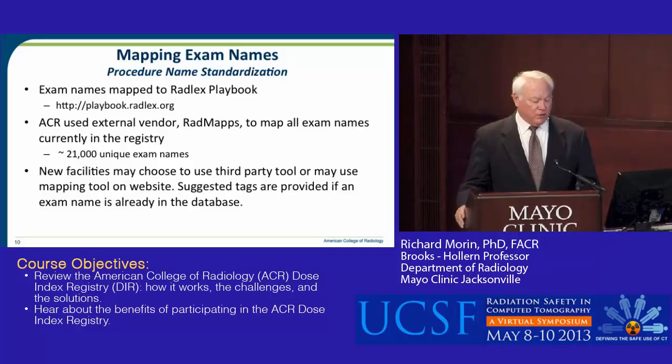So the technique we have chosen is we're using an ontology that was developed by RSNA called RadLex. The facilities can keep whatever name they like, Dr. Jones' favorite heart scan, for instance, but then it will be mapped to a standardized terminology so that these comparisons can be made. We've also used an external vendor, RadMaps, if the facility doesn't want to do the mapping procedure themselves.